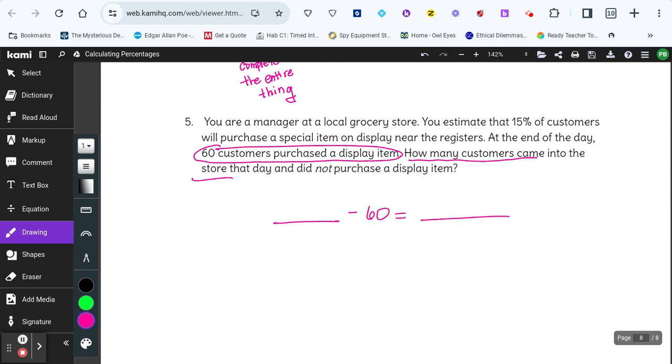So these were the 60 that got the display item, and this is going to represent those that did not buy a display item. But you've got to figure out how many came in the store in all.